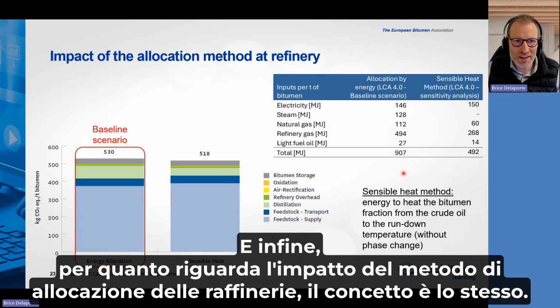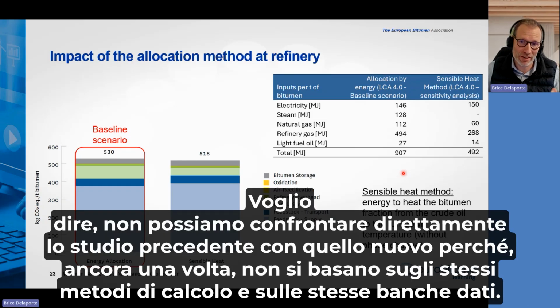And finally, regarding the impact of the allocation method at the refinery, it's the same idea. I mean, we cannot compare directly the previous study with the new one because once again, they are not based on the same calculation and databases.